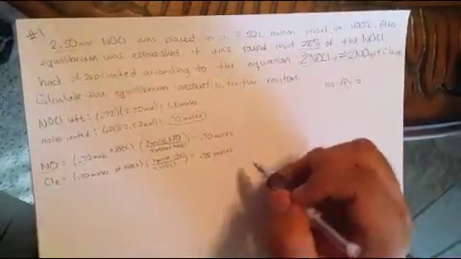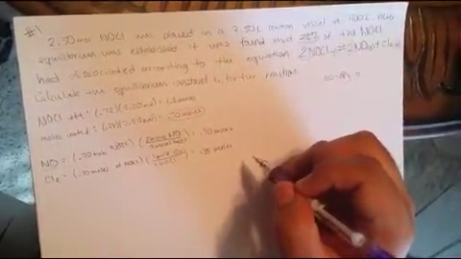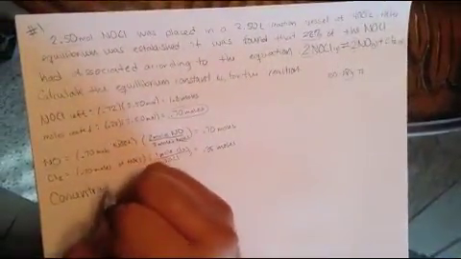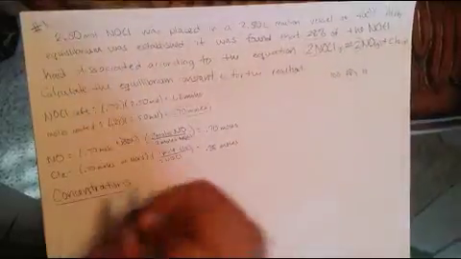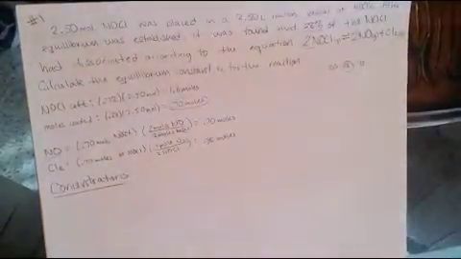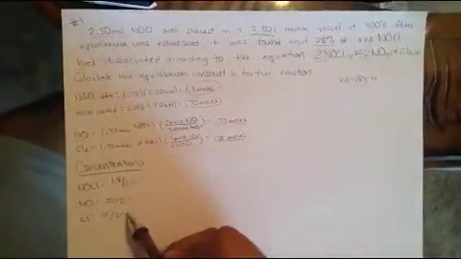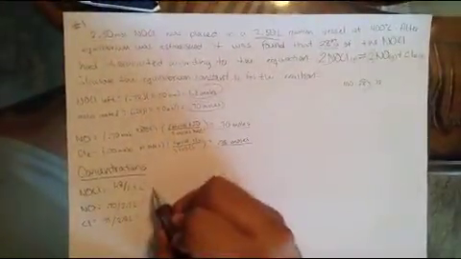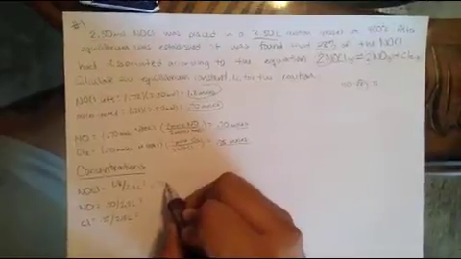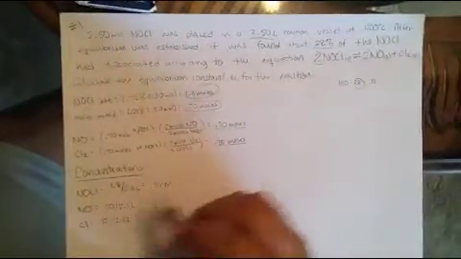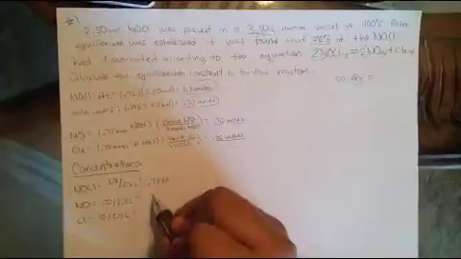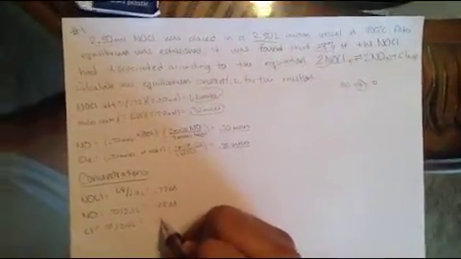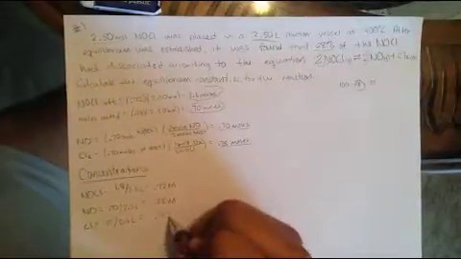Now, having this, you can start to calculate the concentrations. So putting this into the calculator, we get 0.72 molar for NOCl, 0.28 for NO, and 0.14 for Cl2.